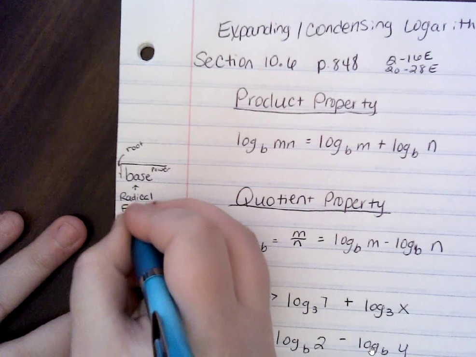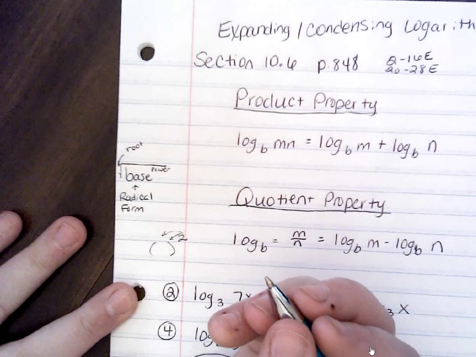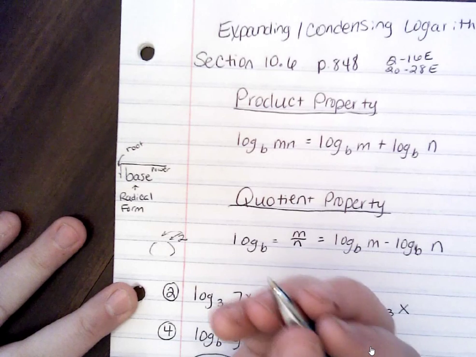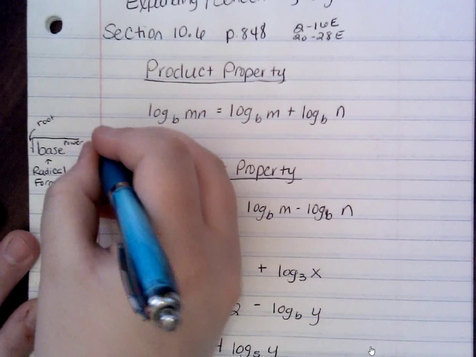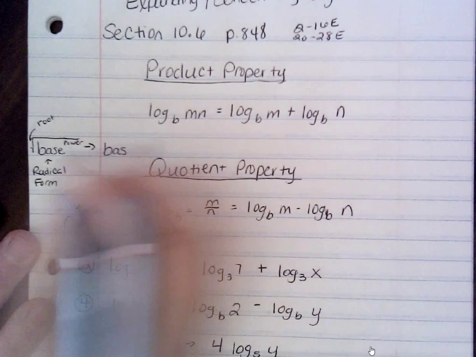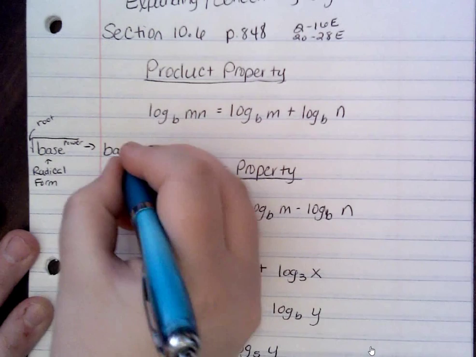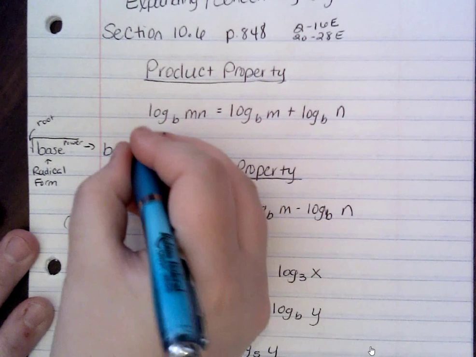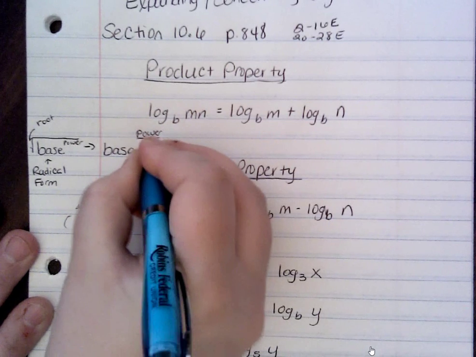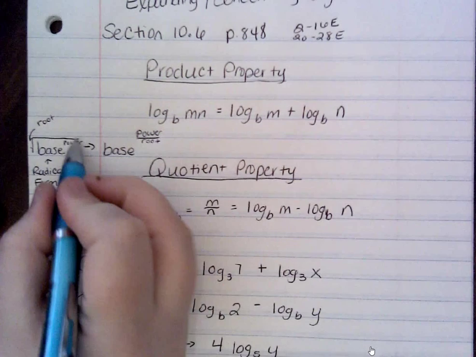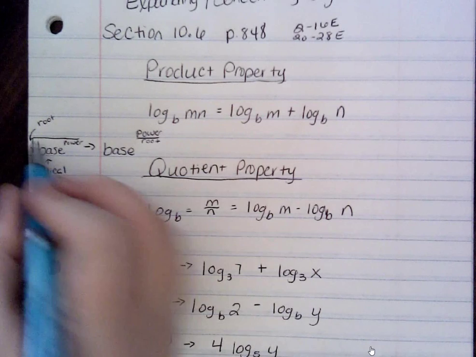We want to write this using exponential form. To write this using an exponent, we write our base, whatever number is here, and then power over root. Whatever your exponent is goes on top, and the root goes on the bottom.